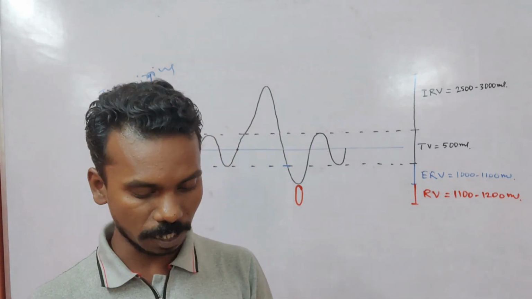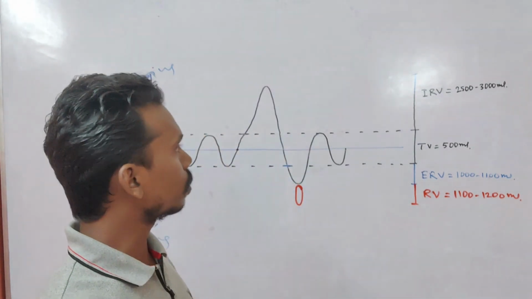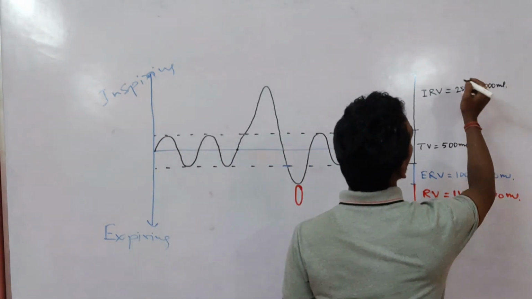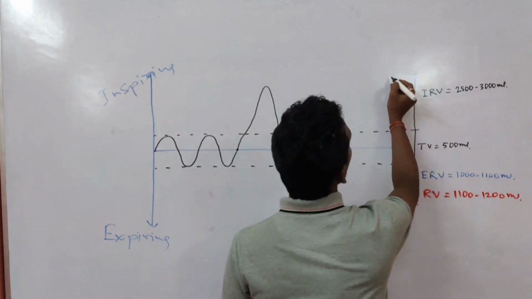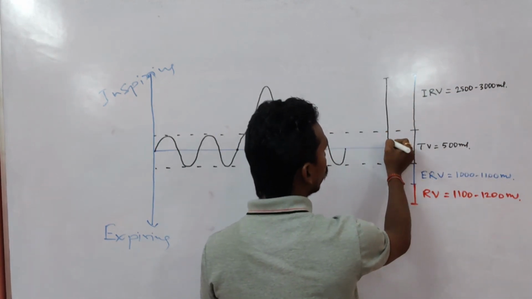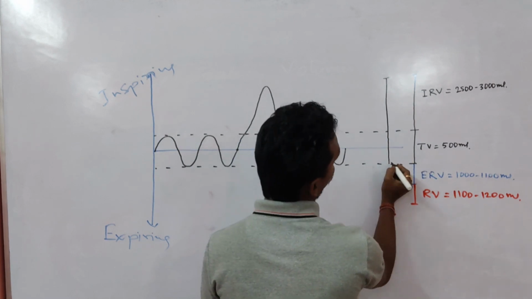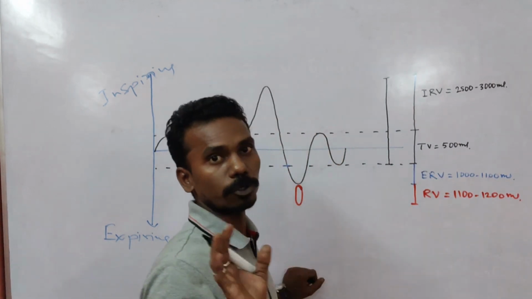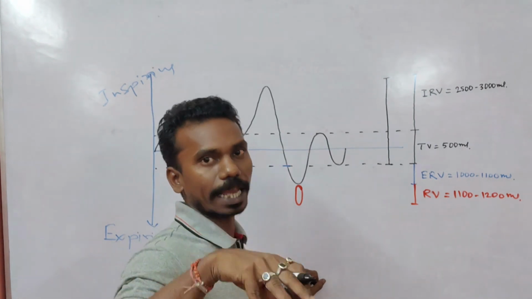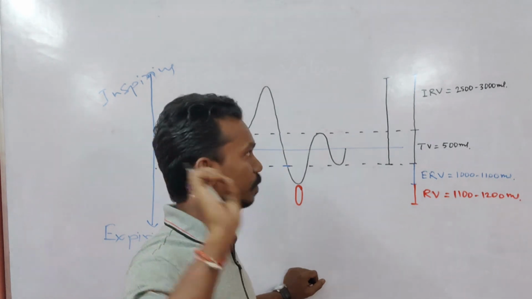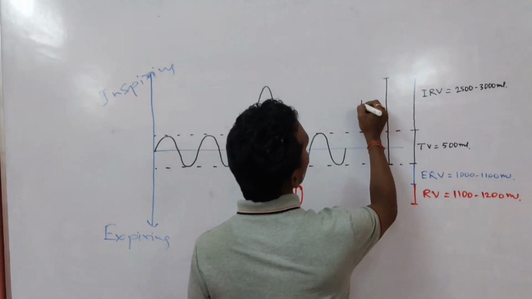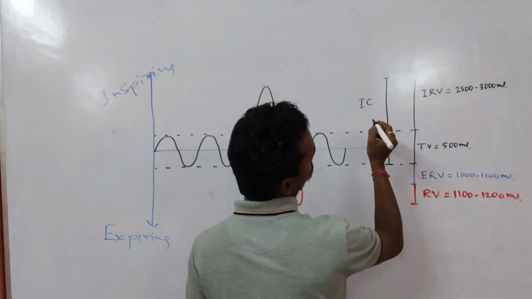The first lung capacity is the inspiratory capacity, the total amount of air which you can put inside your lung in a single inspiration after forceful inspiration.